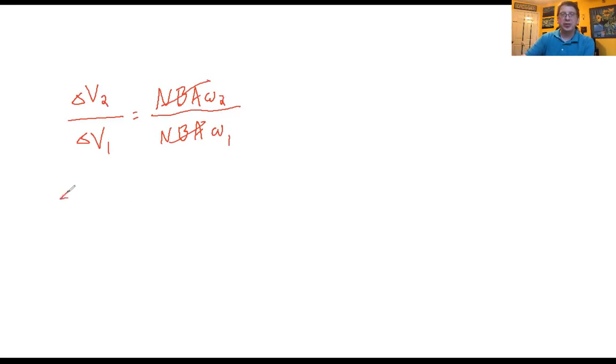So the delta V2 then is simply delta V1 multiplied by omega 2 over omega 1. And we can leave these in RPM, or revolutions per minute. So we have delta V1 is 12.4 volts, and then everything else follows into place. So 12.4 volts.